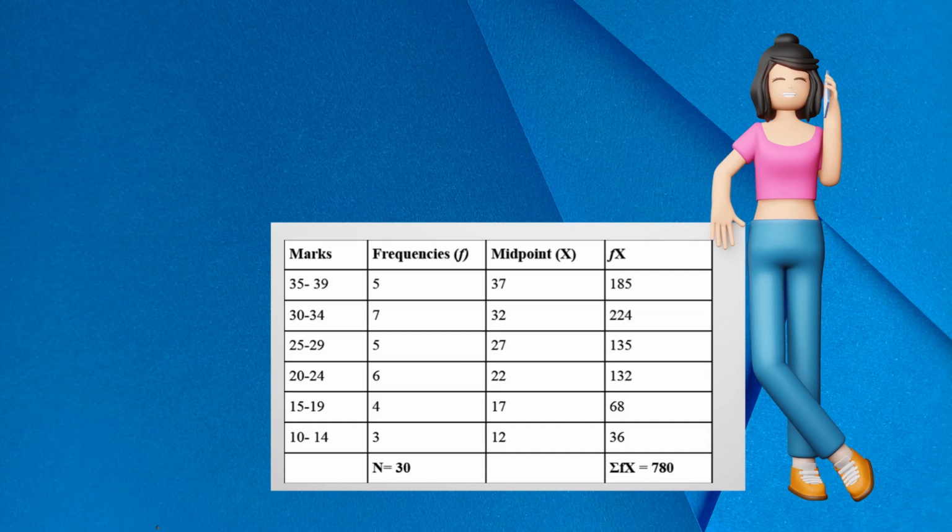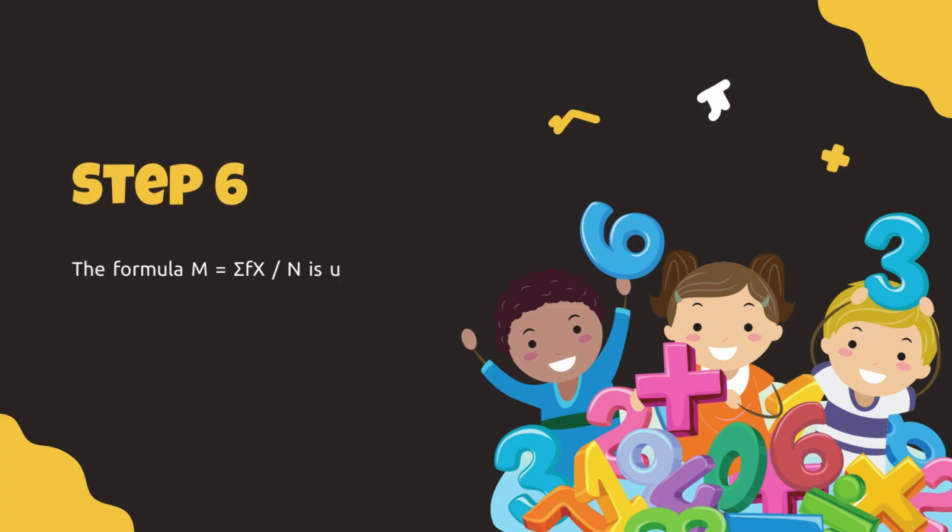In the sixth step, we use the formula M is equal to summation fx divided by n, and we put all the values here and we can get the score of the mean. So for the calculation of mean, summation of fx is 780 divided by the total number of data, which is the total number of frequency itself.